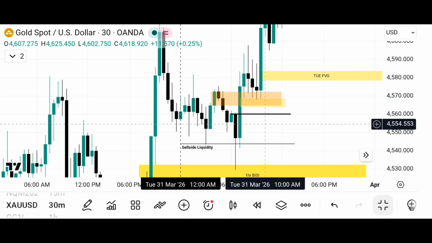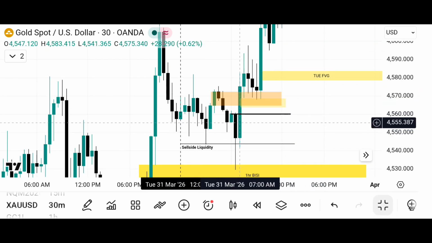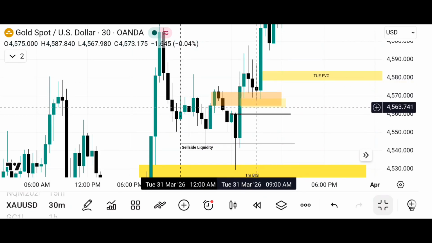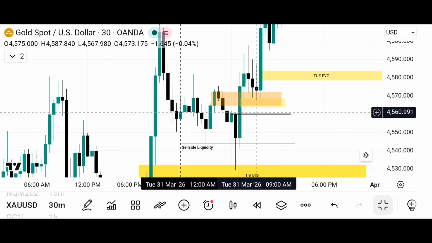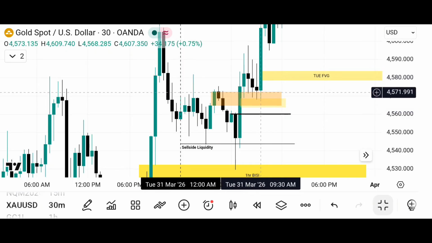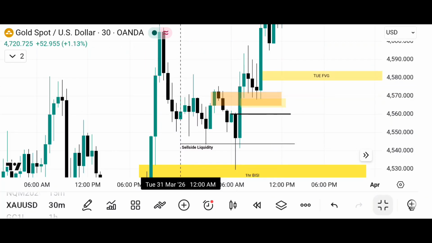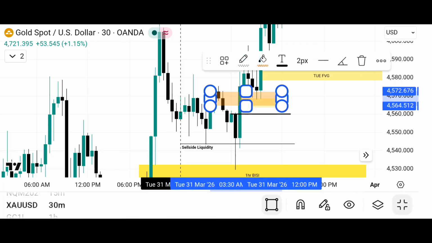On the 30-minute time frame, we can also spot this other block, which price didn't trade down into. Sometimes price might trade down into the other block, but in this case it didn't. That's why you need to have more tools in your arsenal for entry, in case one doesn't work out.